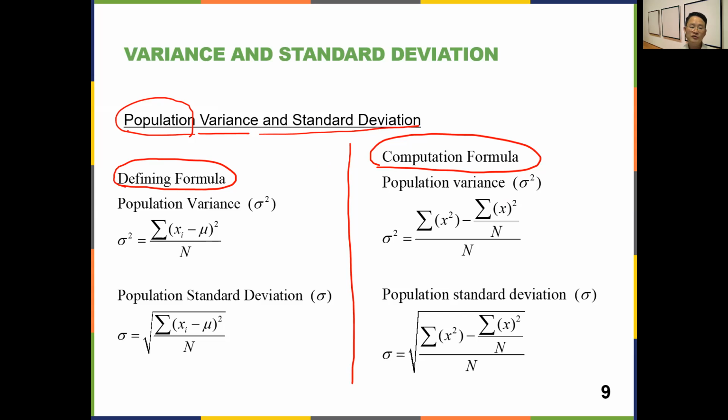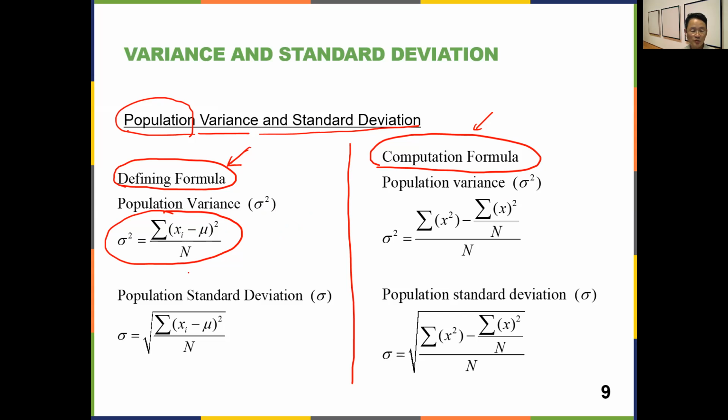Now, why would they call this the defining formula, and why would they call this the computation formula? They call this the defining formula because when you look at this formula itself, it's easier to see what they are trying to do. So let's take a look at it together.